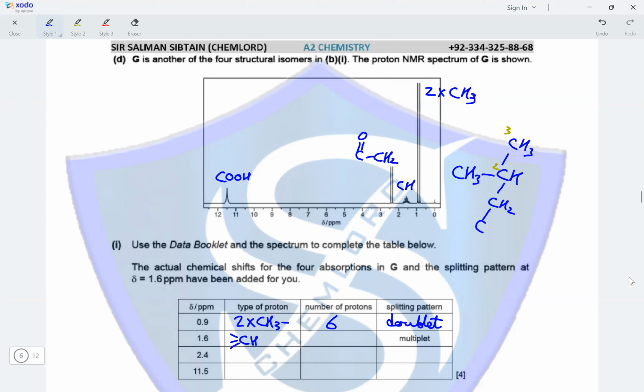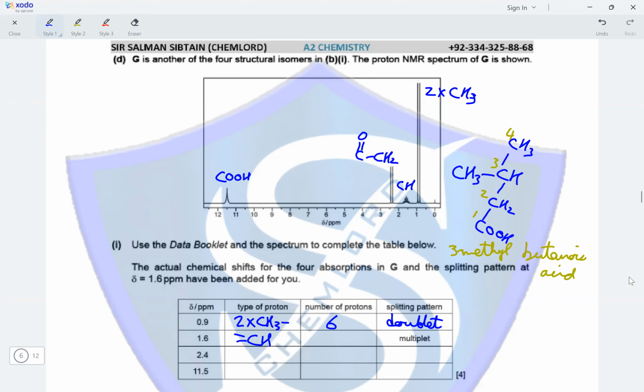Then we've got a COOH group present next to the CH2 group, which changes the name of the carboxylic acid as well, because the straight chain carbon atoms are now four. So one, two, three, and four. So the name becomes 3-methylbutanoic acid.